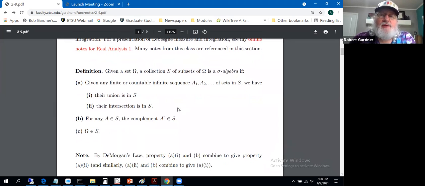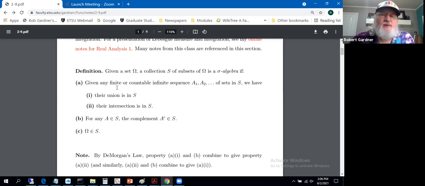So we'll start with a definition of a sigma algebra of sets. Given a set, omega, a collection S of subsets of omega is a sigma algebra if the following hold. You're going to think of these as closures of the collection of sets S under various operations.